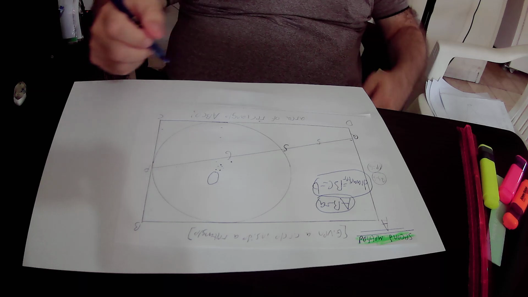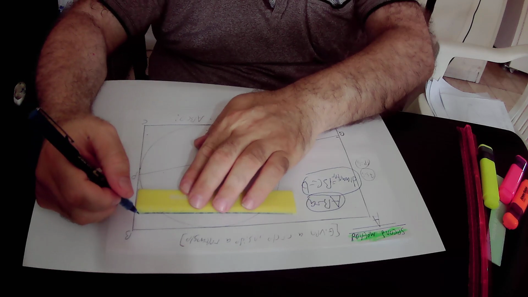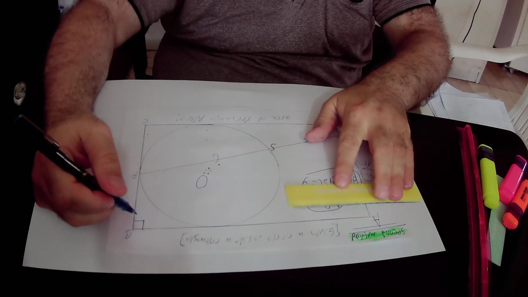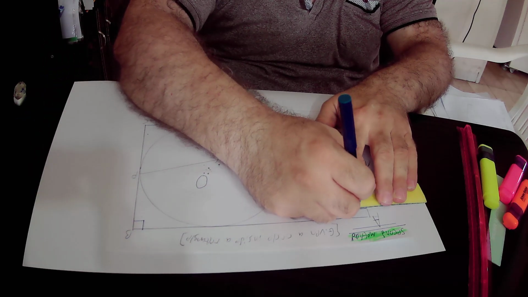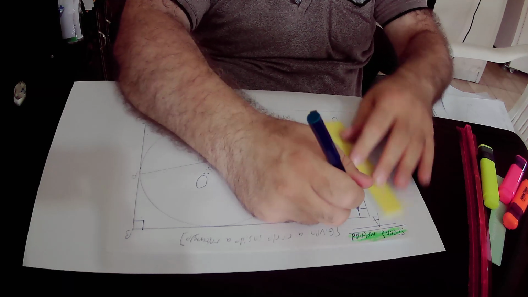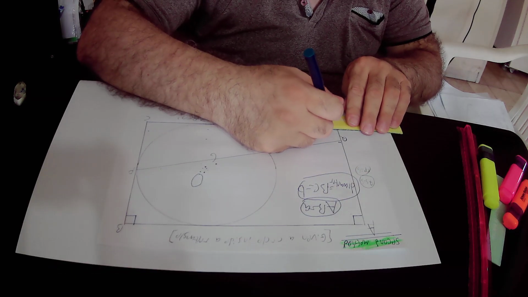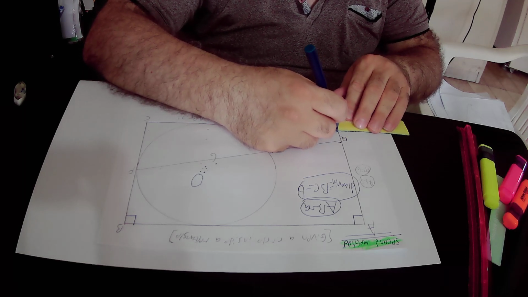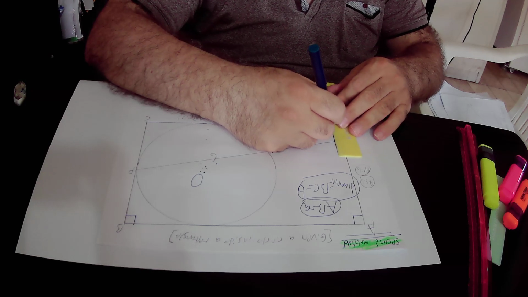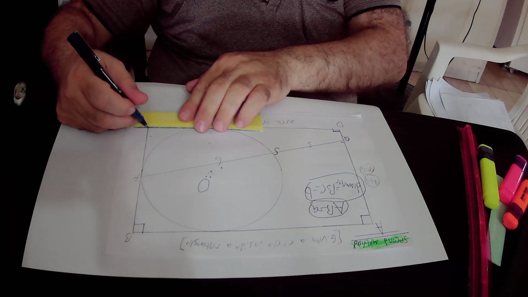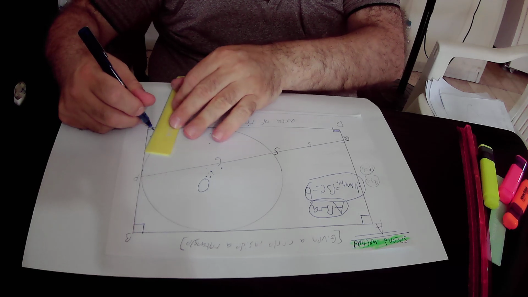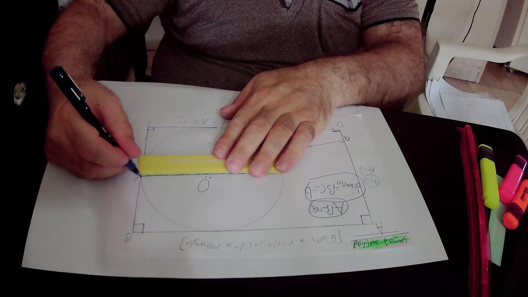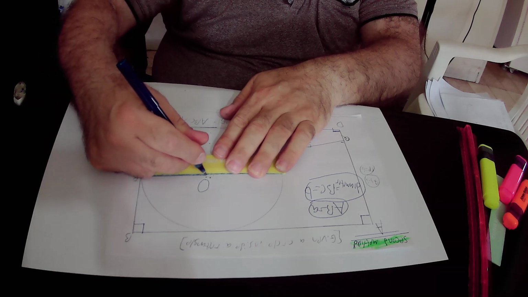We know that all the angles inside a rectangle are right angles. So here all the angles are equal to 90 degrees. We join points O and P together by a straight line. I don't want to repeat the same process.